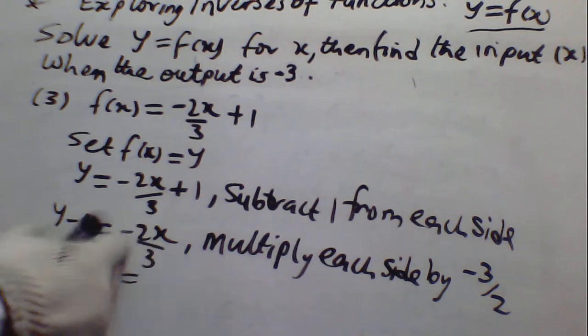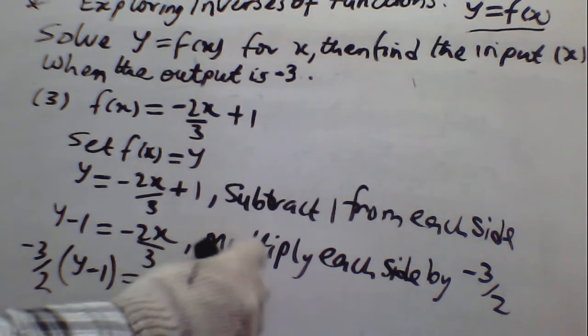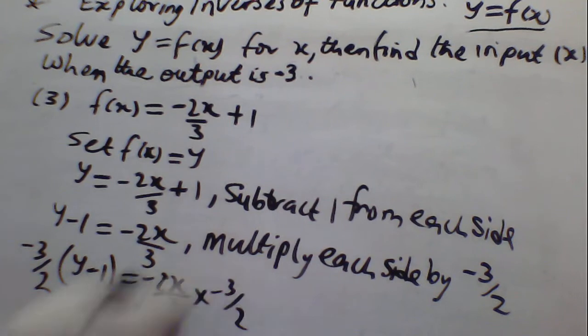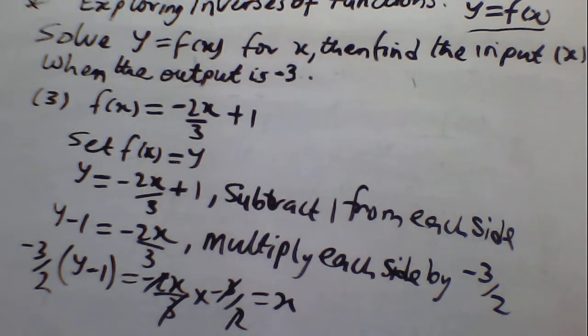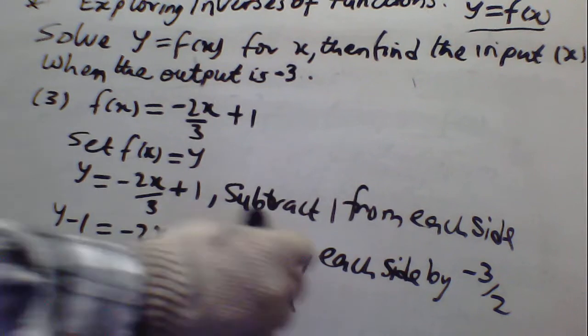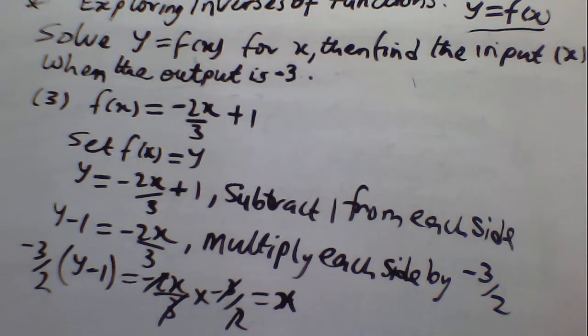So once you multiply, this will be minus 2x over 3 times minus 3 over 2, so that they can cancel out to give us what? x. I hope you are following. So this is the value of x.